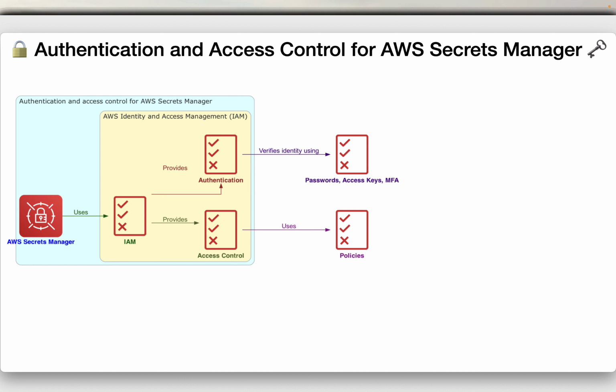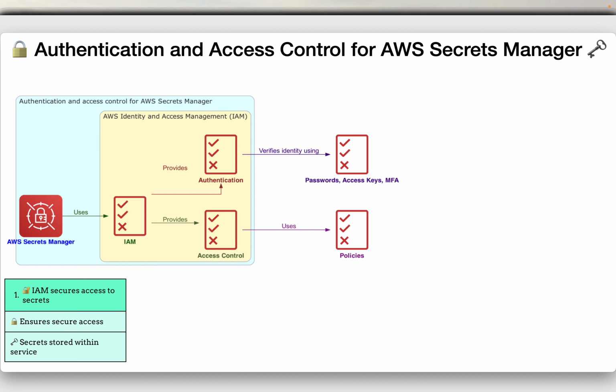So now talking about authentication and access control for AWS Secrets Manager. AWS Secrets Manager uses AWS Identity and Access Management (IAM) to ensure secure access to secrets stored within the service. So basically we are trying to control access to the secrets which we have created or stored in Secrets Manager.